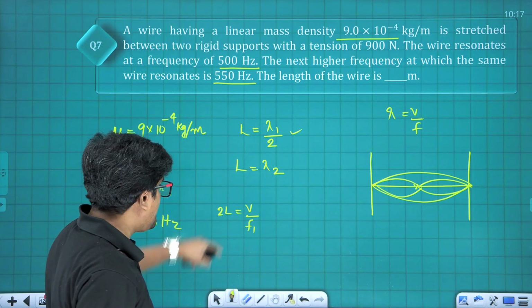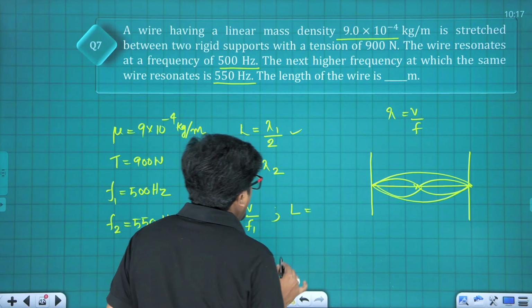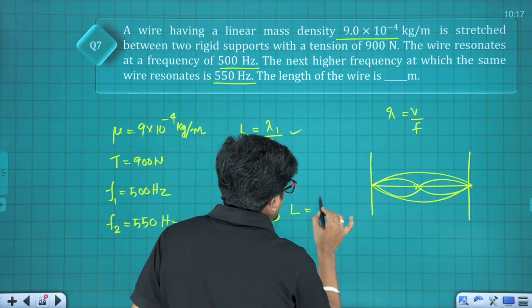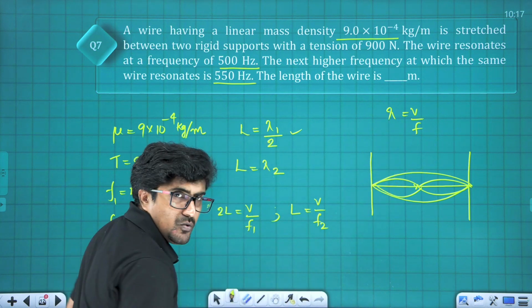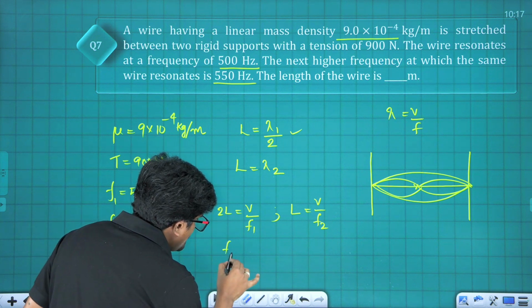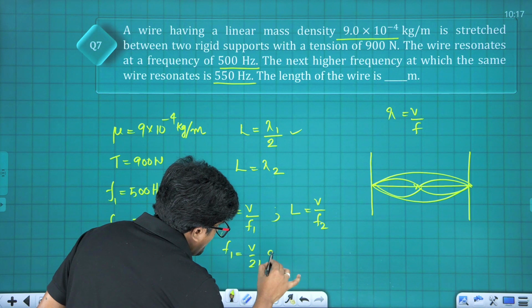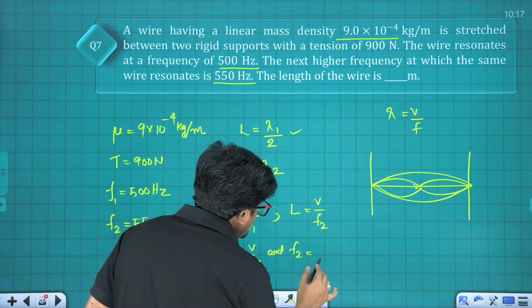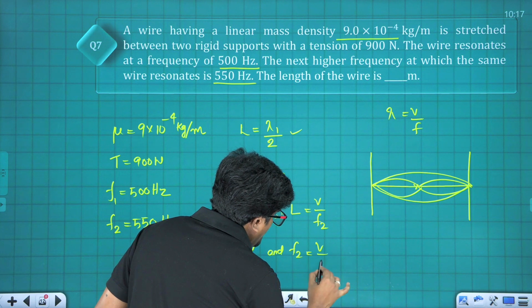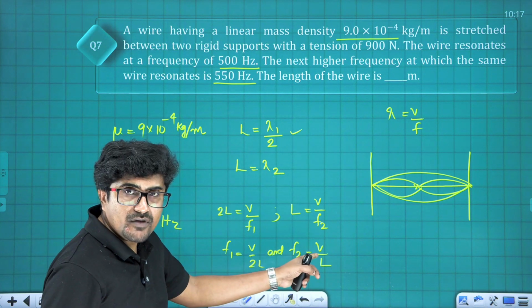For the second, capital L is equal to lambda 2, equal to V divided by F2. Now, F1 is equal to V divided by 2L and F2 is equal to V by L.